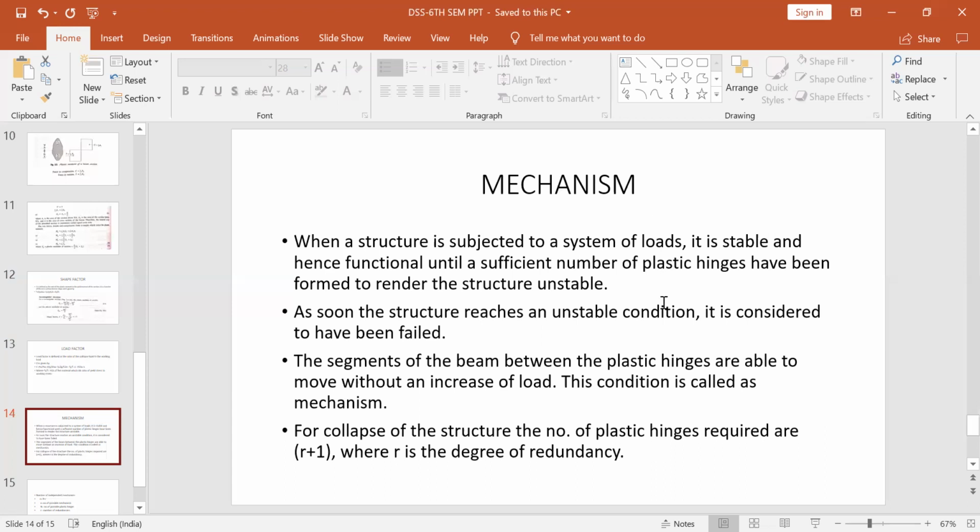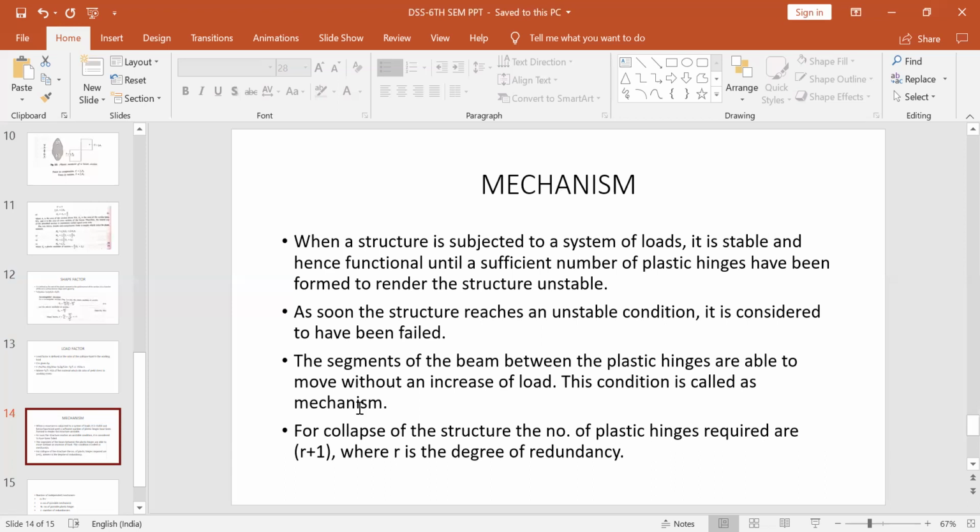The plastic hinge will first form under the load, that is, the plastic moment will form there, and then hinges will form at the fixed ends. So there will be three hinges, two at the fixed ends and one at the center. As soon as all three hinges are formed, failure of the structure will start. This condition is called the mechanism.